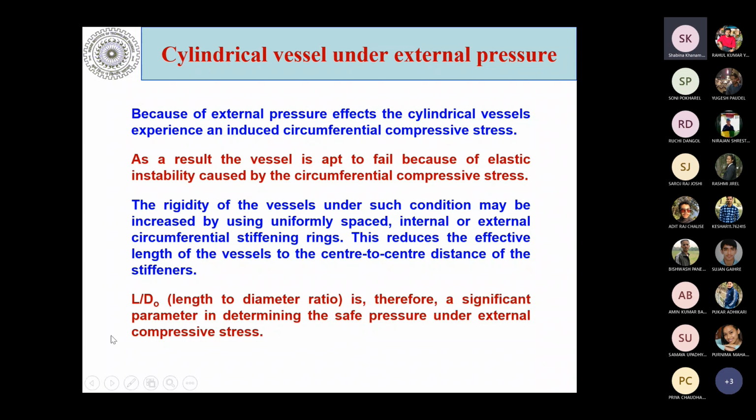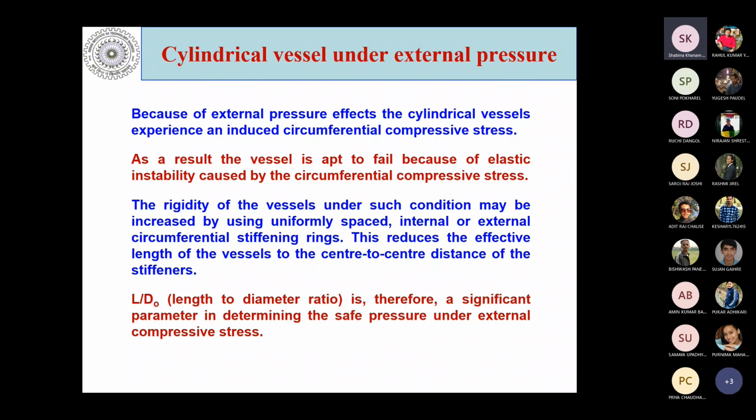If you see L by D, L means the length of the shell, and D is the outer diameter of the shell. If the length is 10 meters and the diameter is 1 meter, the L by D ratio is 10.